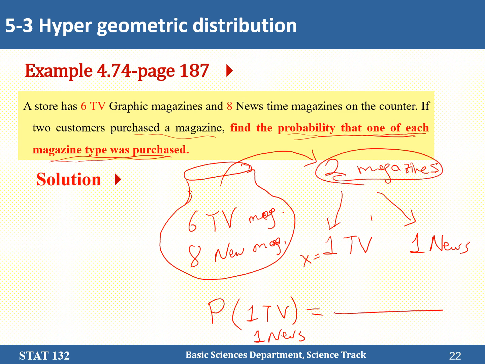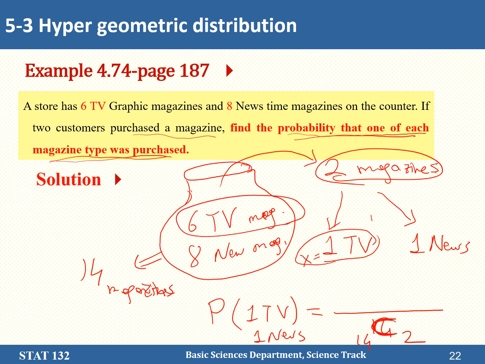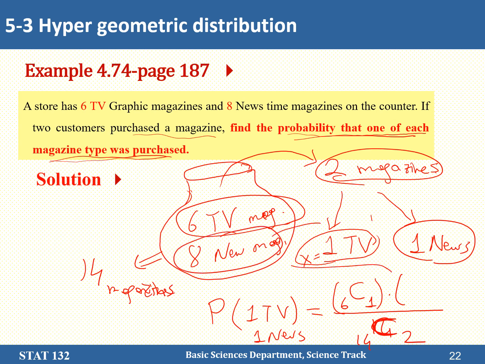Obviously, all outcomes: there are 14 magazines here, and we choose two of them, so the total is 14 choose 2. How many ways can we choose one TV magazine? From six, so it will be 6 choose 1, and then multiply by one news magazine from eight, so 8 choose 1.